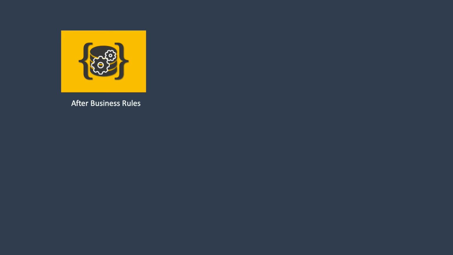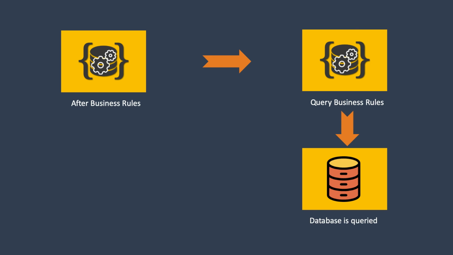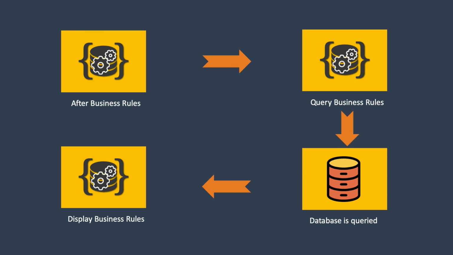After running the after business rules, the system will execute query business rules. That means it will query the database again, and once the database has been queried, it will run display business rules.